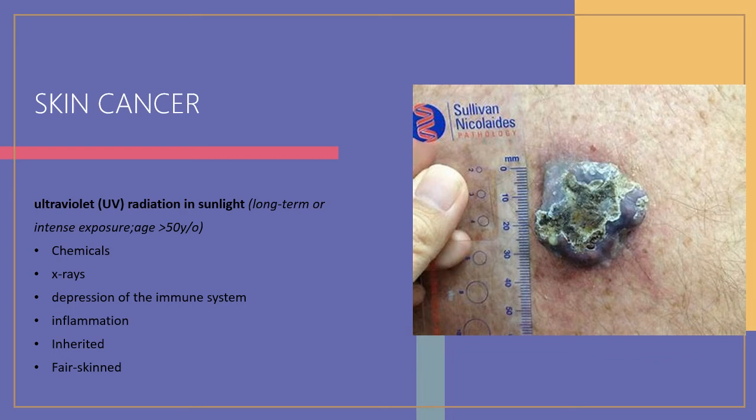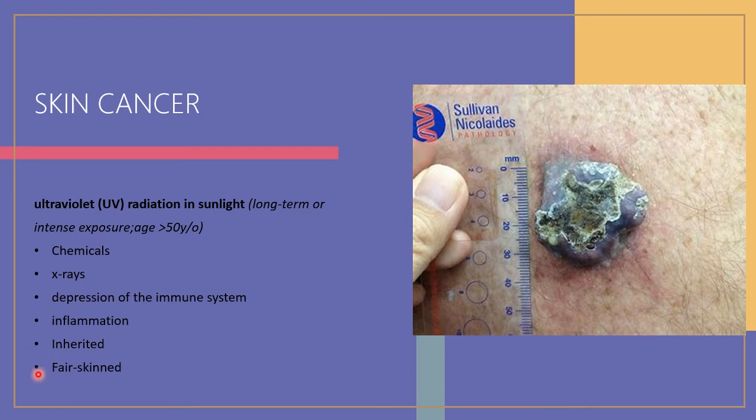Now, there are also other causes of your skin cancer, pwedeng certain exposure to chemicals, okay? Yung mga X-rays, no? Depression of the immune system, inflammation, no? Especially yung constant and repeated inflammation can slowly develop to skin cancers. Pwede din siyang genetics, no? Or inherited.